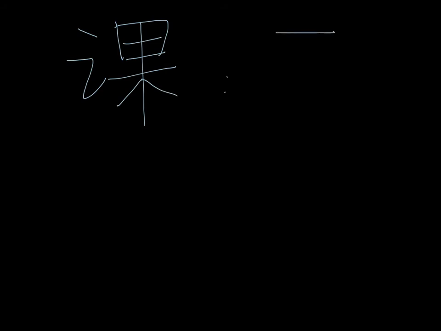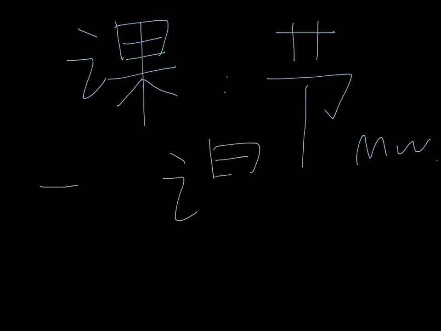And then we have 课. 课 means lesson. And the measure word for that 课 is 节. So instead of saying 一课, which is directly translated from English to Chinese, you have to say 一节课.